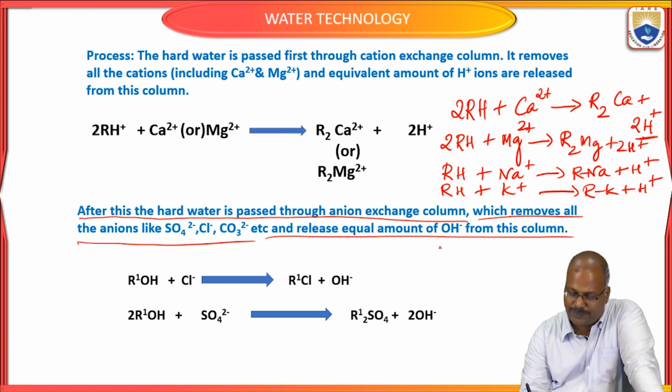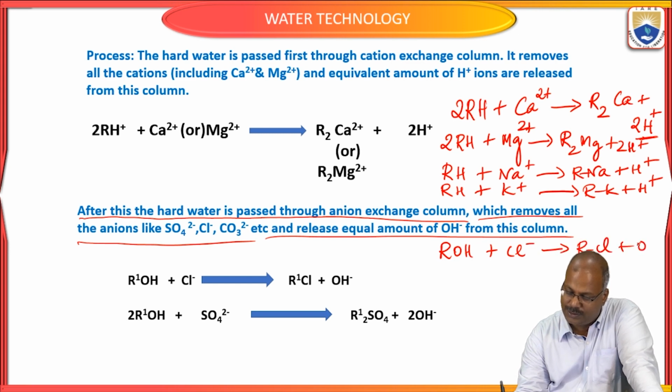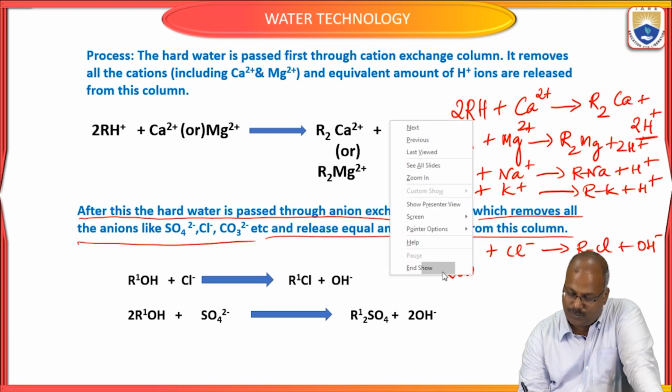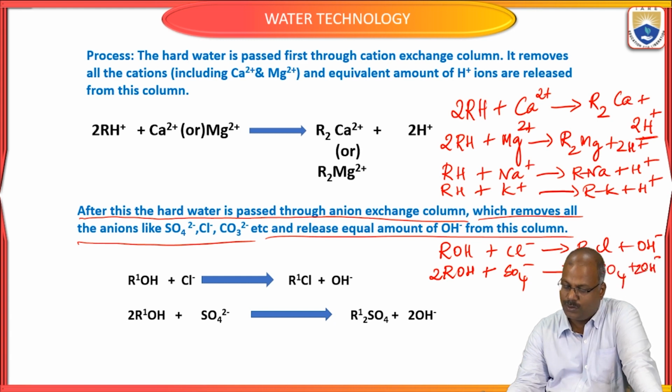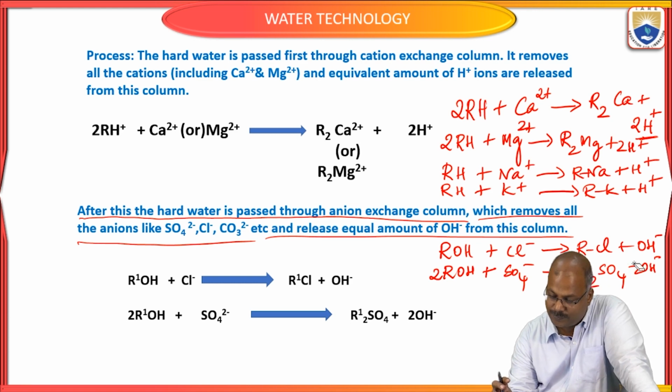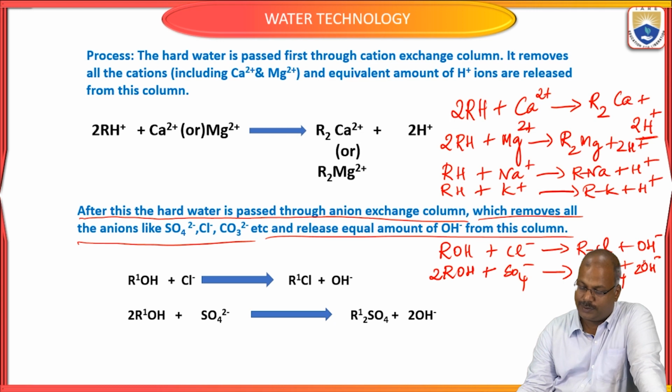So here also, ROH plus Cl- gives RCl plus OH-, or 2ROH plus sulfate gives R2SO4 plus 2OH-.